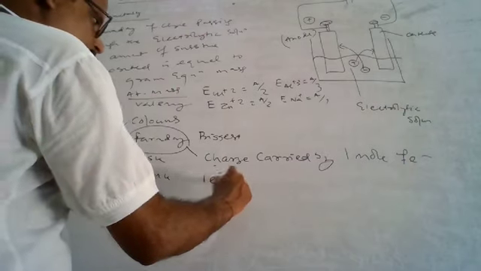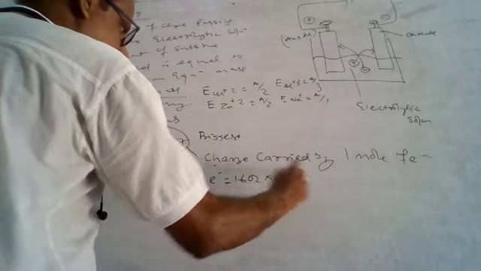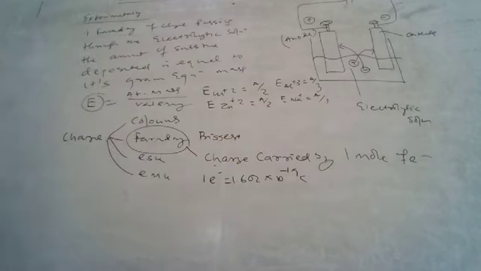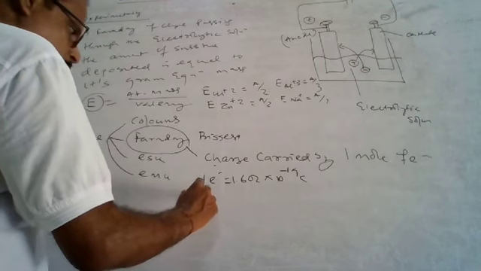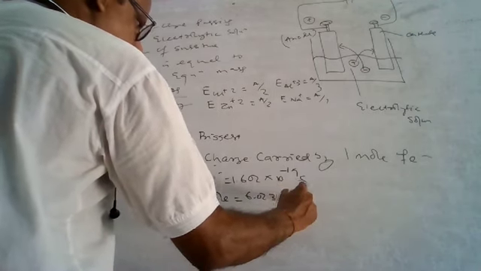1 electron charge is equal to 1.602 into 10 to the power minus 19 coulomb. 1 mole of electrons is 6.023 into 10 to the power 23.